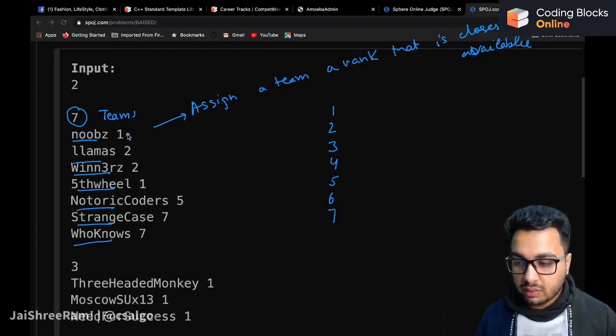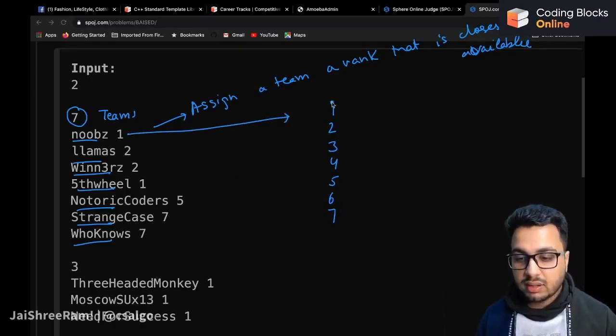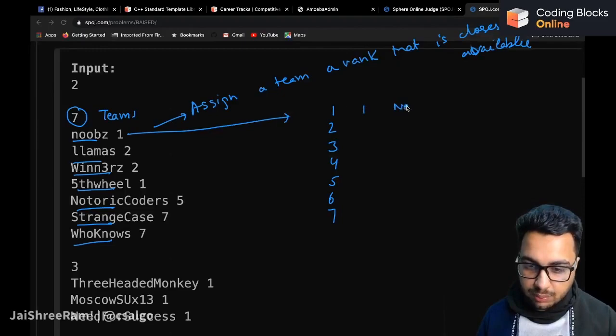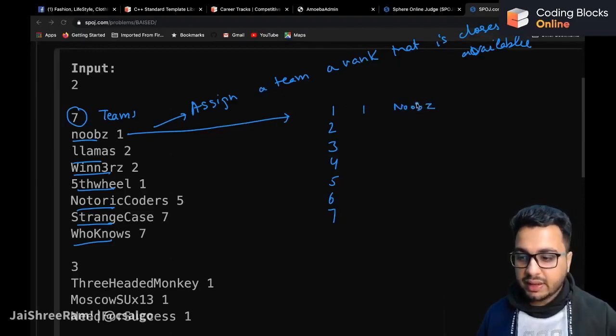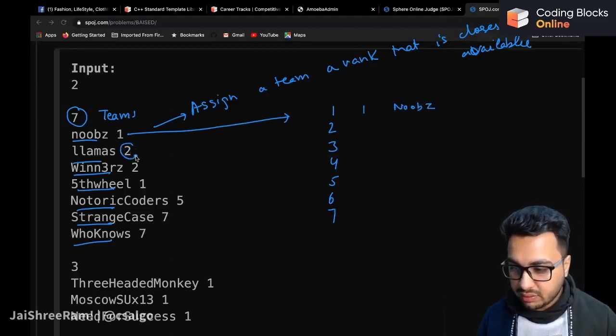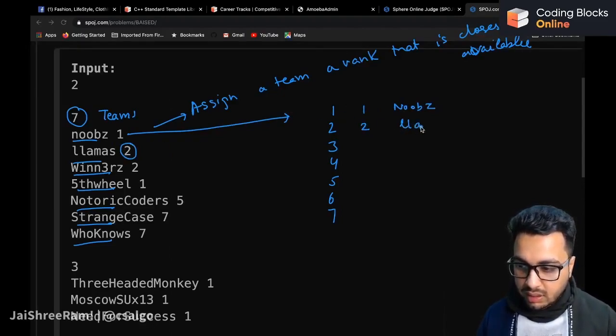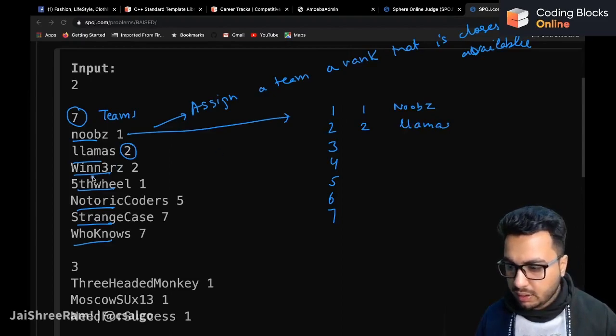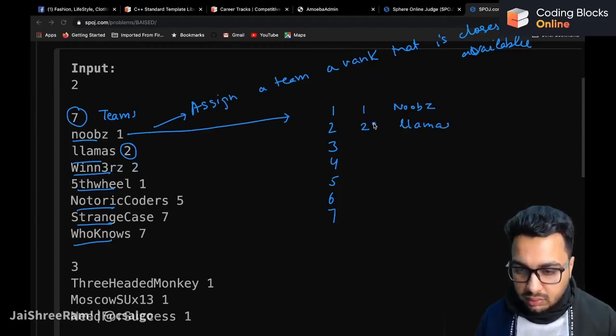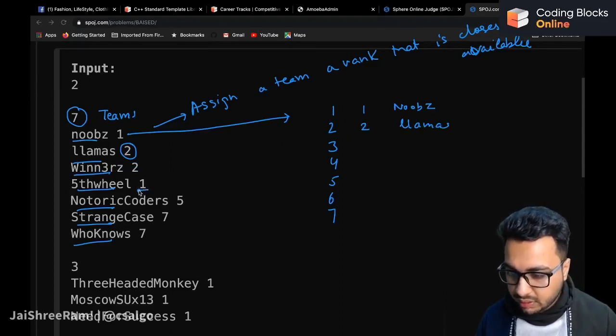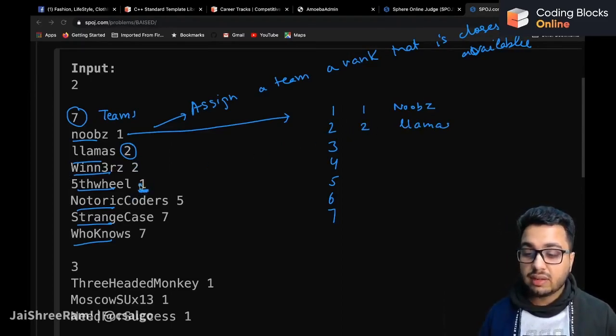So we give team 1 the rank of 1, so rank 1 goes to noobs. The next team, we can give second rank to ilamas. And rank 3, no, we should not do this, because there is also a team which is asking for rank 1.